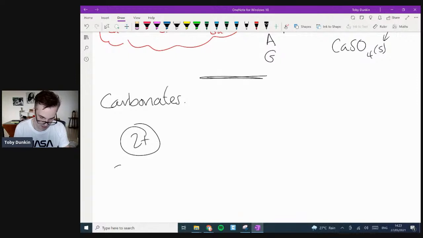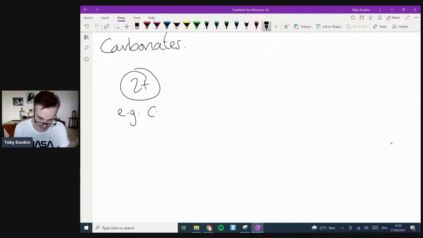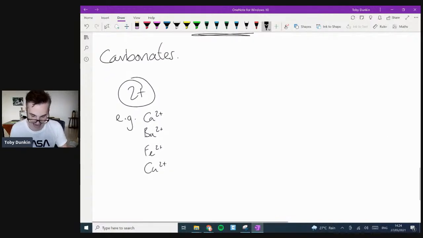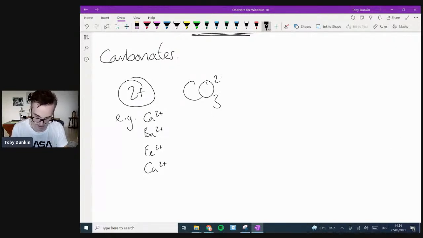Carbonates, if you have a 2+ cation, for example calcium 2+, barium 2+, iron 2+, copper 2+. If you have any of these next door to the CO3 2- ion, they're insoluble.